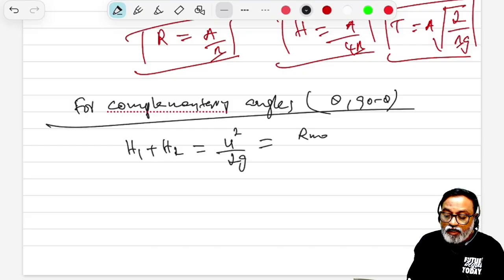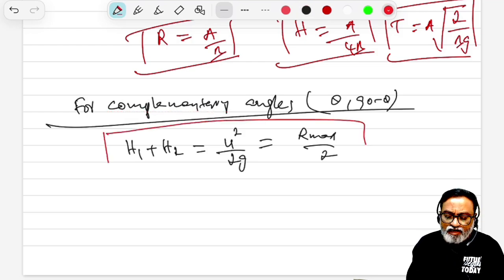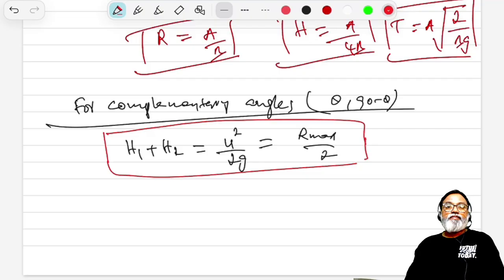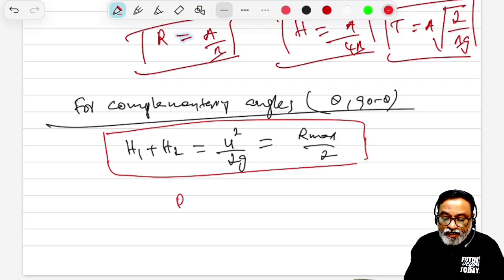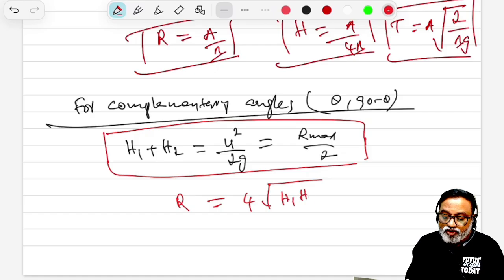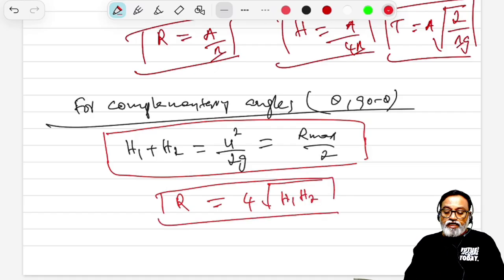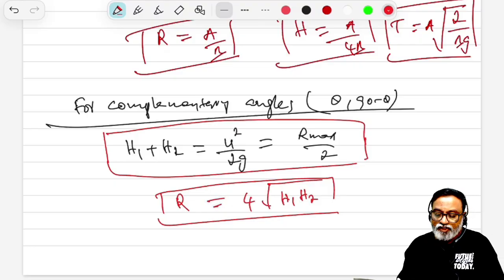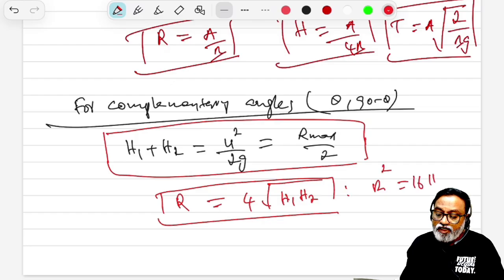That becomes R maximum by 2. See, many times it is directly asked on this formula. Another one, range is equal to 4 into square root of h1 h2. Here range is the same for both the bodies, and this is the relation: range is equal to 4 into square root of h1 h2, or R square is equal to 16 h1 h2.